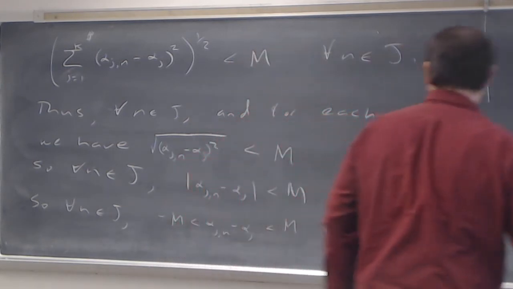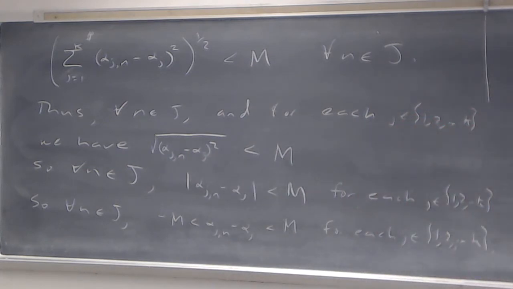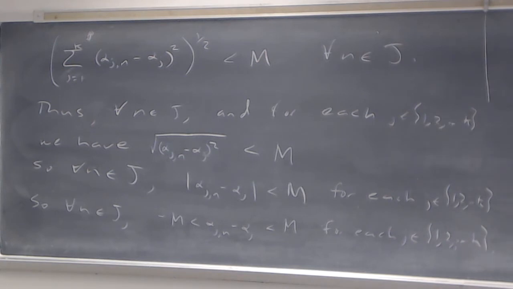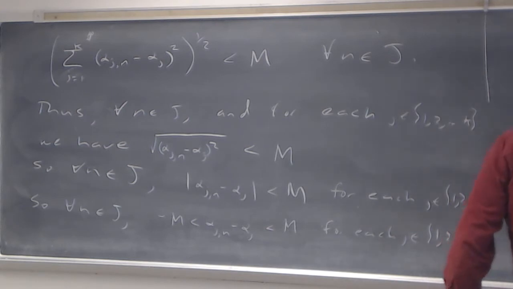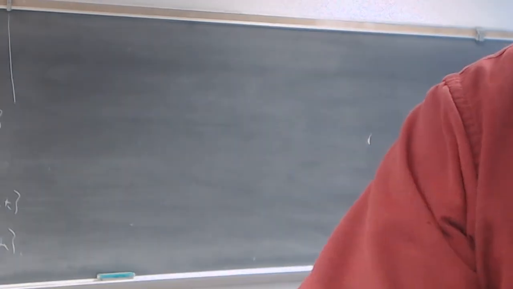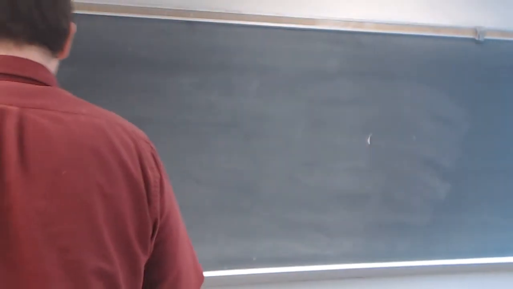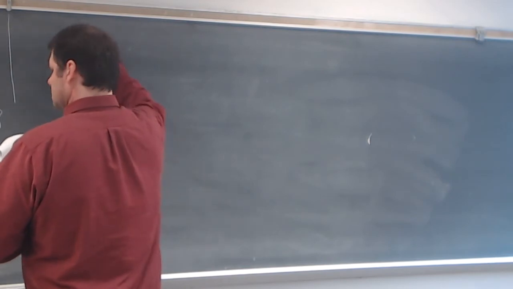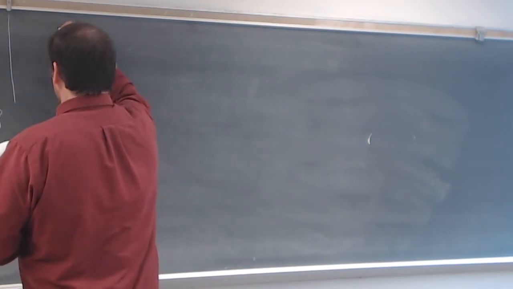And then we're going to add alpha sub j to both sides.